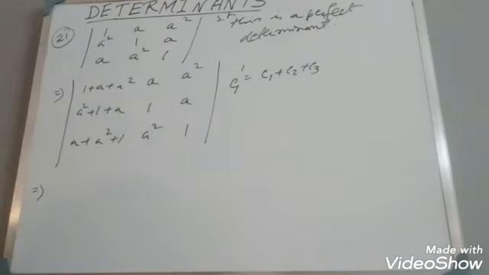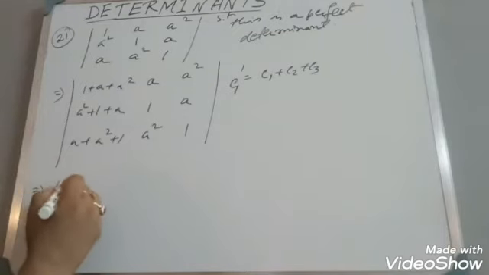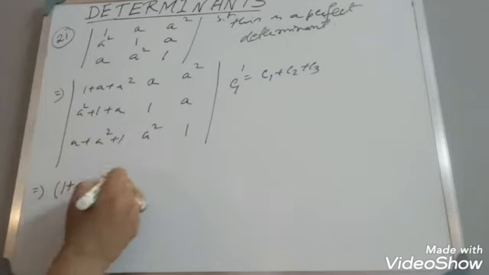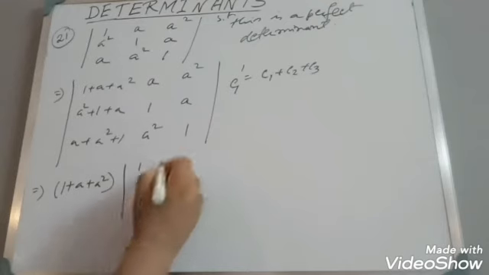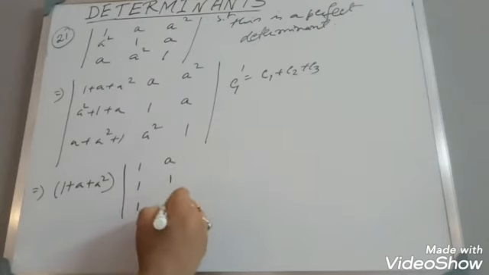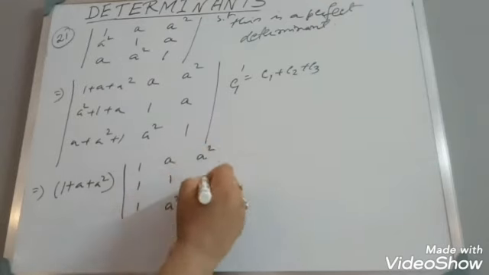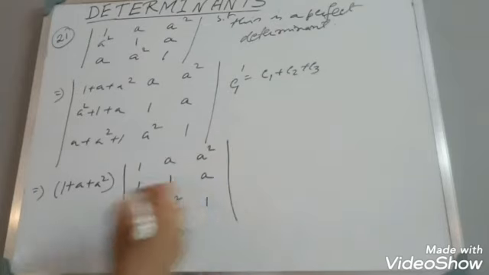Now, as all the elements of the first column are the same, we can take them outside as a common factor. So 1 plus a plus a square is taken out, with first column 1, 1, 1, second column a, 1, a square, and third column a square, a, 1.